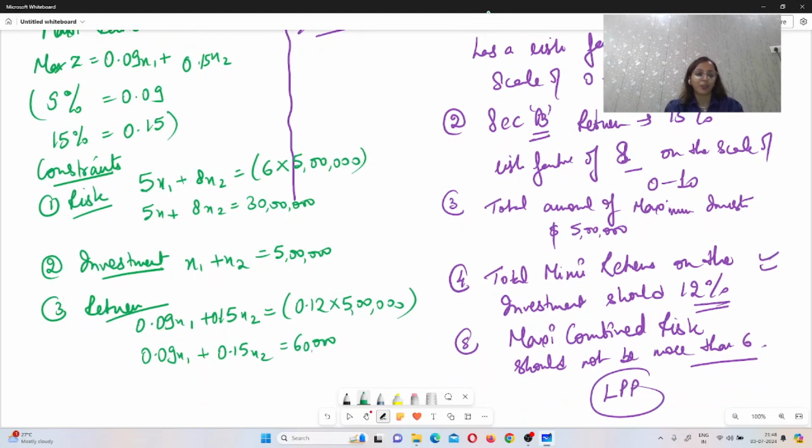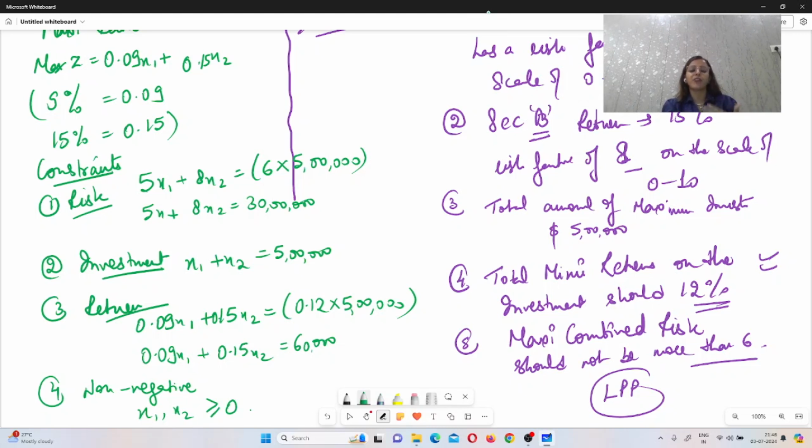And the last but not the least is the favorite one, that is the non-negativity constraint, that x1 and x2 are always greater than or equal to 0. So this is the way we have done the investment portfolio.